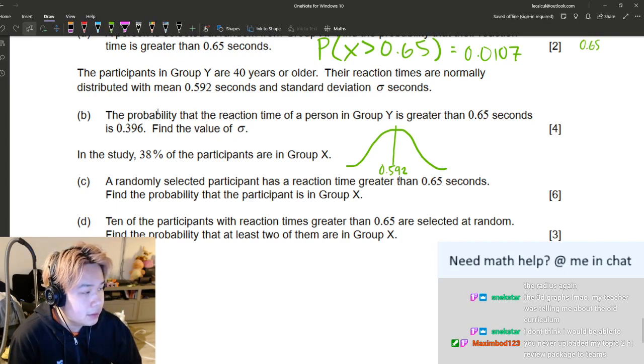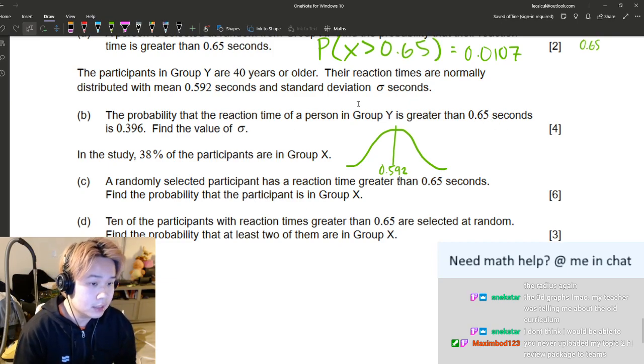And then we do know that the probability of their reaction time being greater than 0.65 seconds is this probability. So they already have given us the probability. And we want to find the standard deviation.